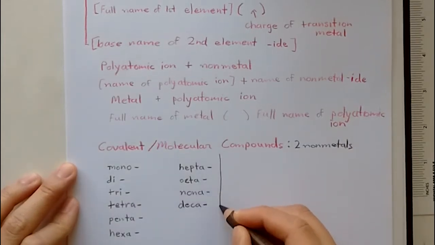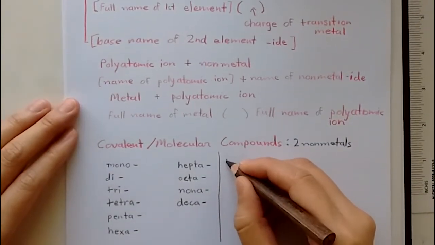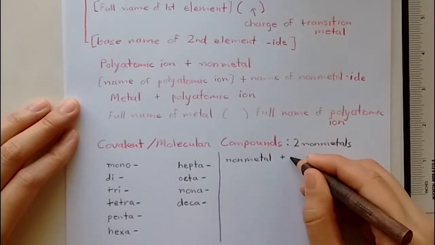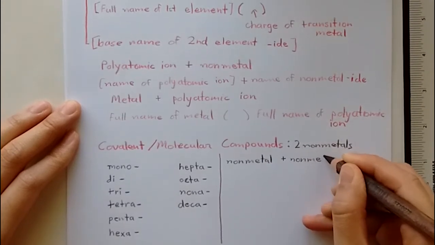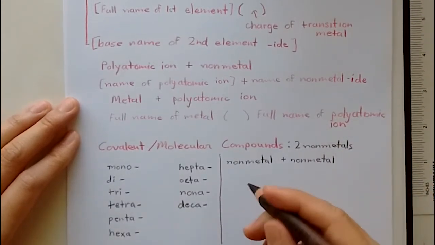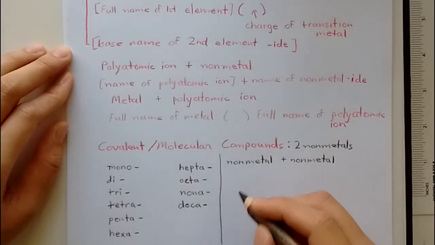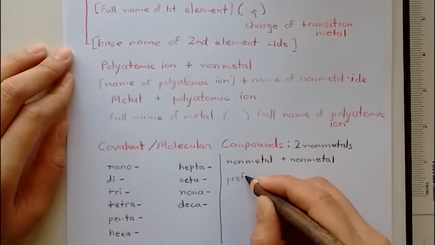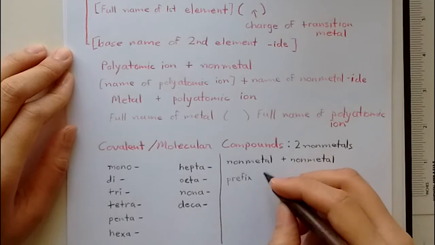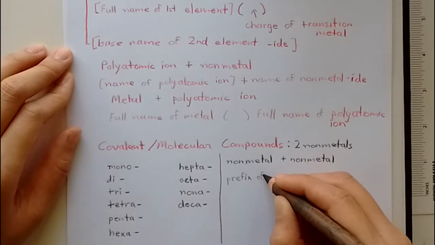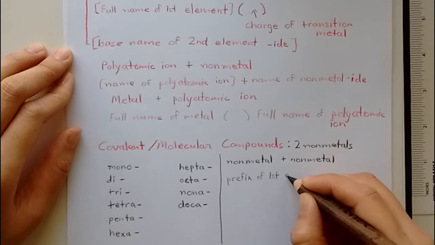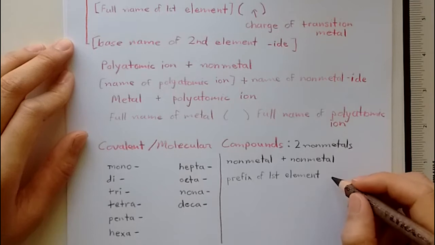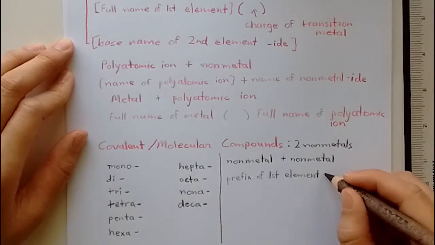So what happens here is that you'll have a nonmetal and another nonmetal. And what you will do is write, when appropriate, the prefix of the first element and then write the full name of the first element.